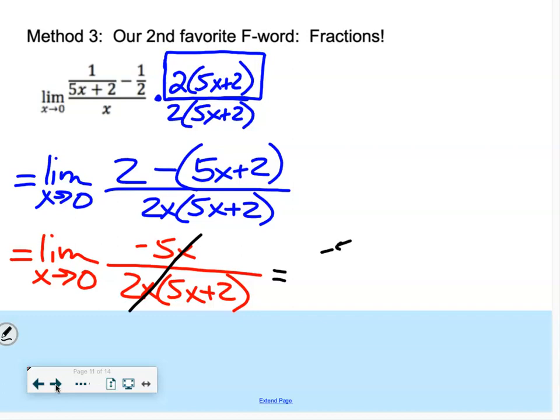Negative 5. If we plug in a 0 on the bottom, we get 2 times the quantity 0 plus 2. What does that equal? Yeah, 4, right? So your answer to this limit is negative 5. Fractions, clean up the fraction, and then something will always end up canceling, right?